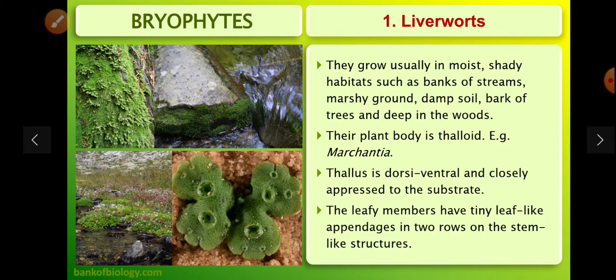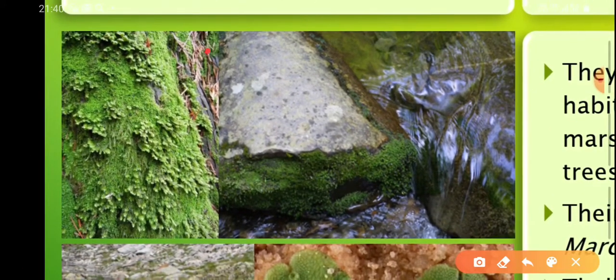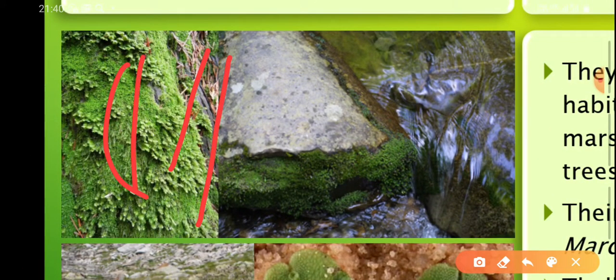The best example is Marchantia. Thallus is dorsiventral and closely appressed to the substrate. The leafy members have tiny leaf-like appendages in two rows on the stem-like structure. You can understand this with the help of this diagram. They are all formed on the stem of the plant.